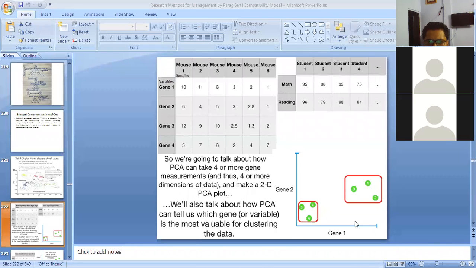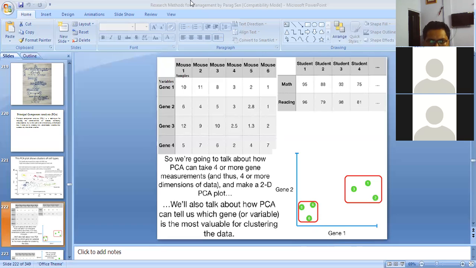So you can see that it is forming some clusters. From this you can understand that mouse 4, 5, 6 have lower gene 1 characteristics, and if the characteristic of gene 1 is less, then obviously the characteristic of gene 2 will also be less, which is applicable to mouse 4, 5 and 6.